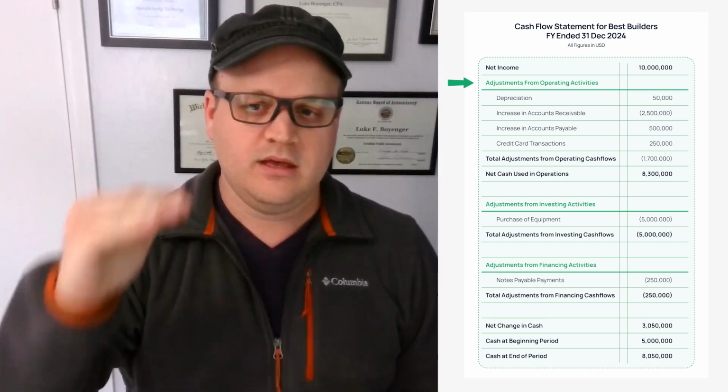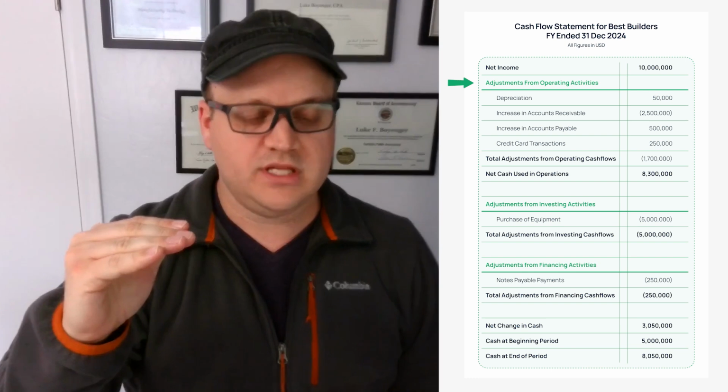The cash flow from operating activities is where it starts. So you have net income. After that, adjustments from operating activities. This is where, again, going back to the same scenario, you have $1 million of net income, but let's say 900,000 of that is still sitting in accounts receivable. You've billed it, you've recognized the revenue, but you haven't collected the cash.